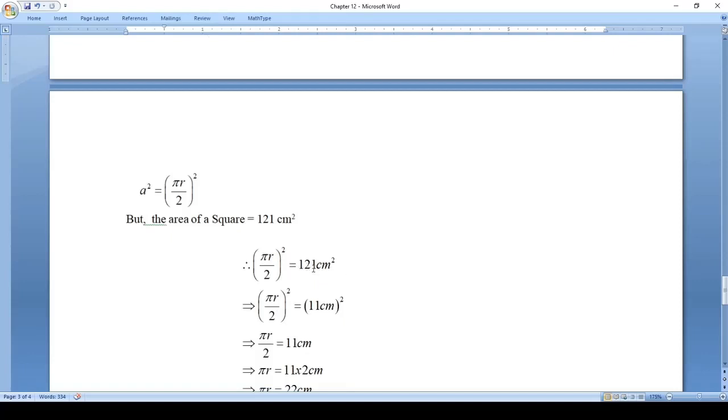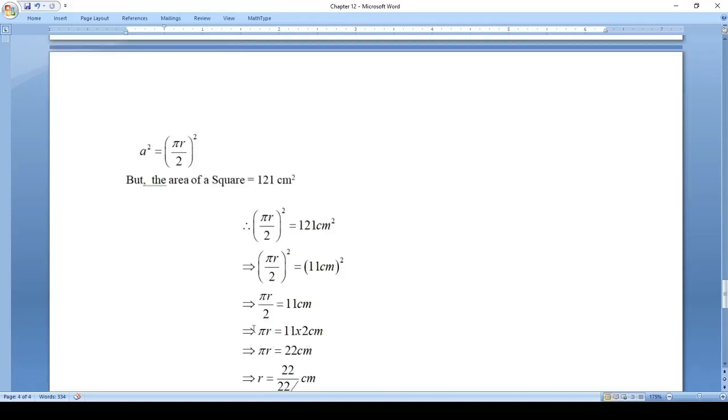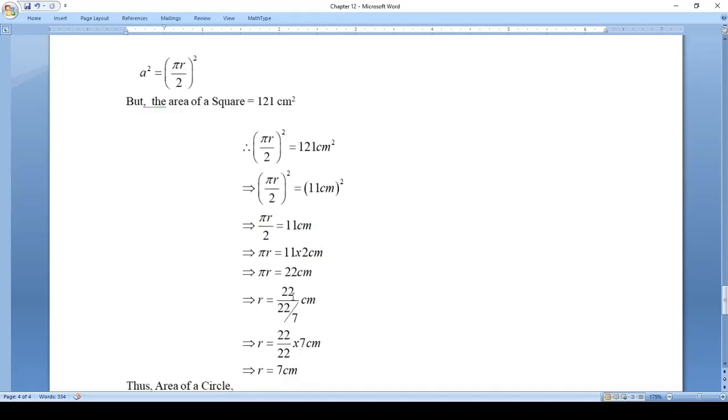Now 121 is the square of which number? The square of 11, isn't it? Therefore, removing the square from both sides, pi r by 2 will be 11 centimeter. Pi r will be, just cross multiply 2 with 11, 22. Pi r is 22. R will be 22 divided by pi.